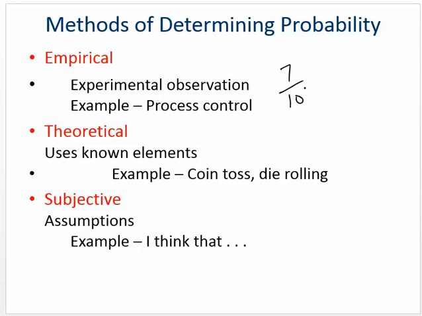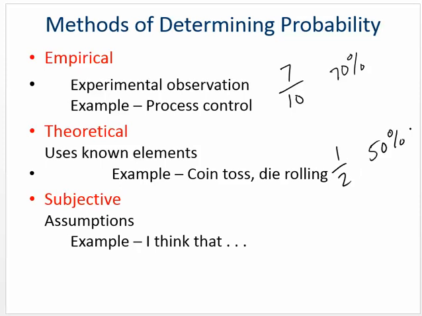So your empirical probability is 70%, or 7 out of 10 times you're going to get heads when you flip the coin. But theoretical, we know that obviously one side's a heads, one side's a tails, so theoretically it should be 1 out of every 2 times, or 50%.